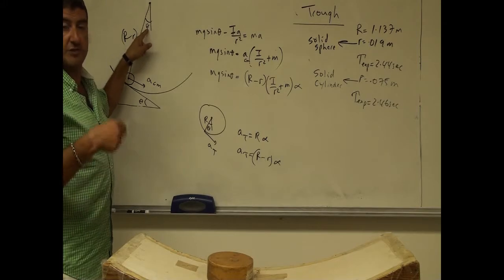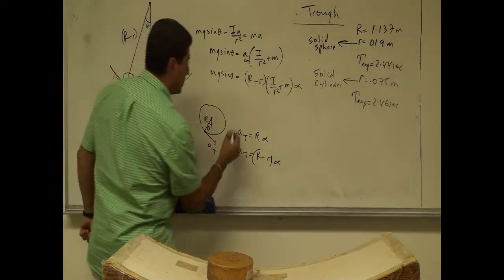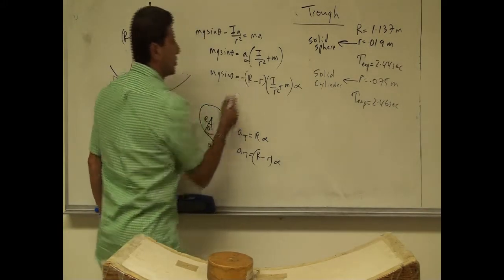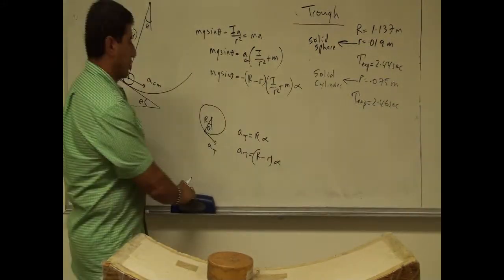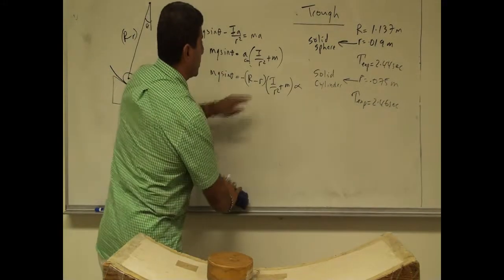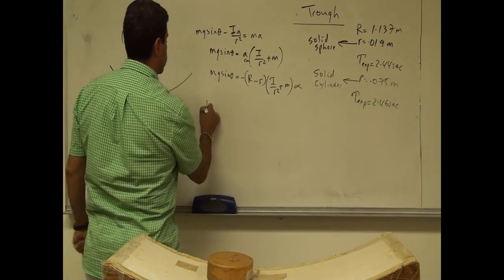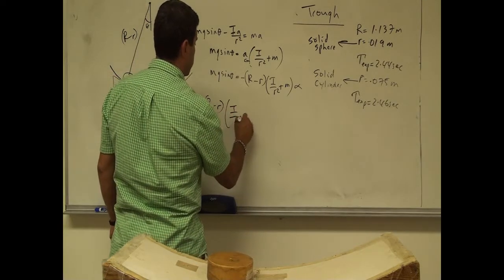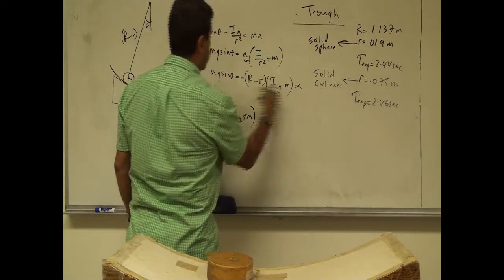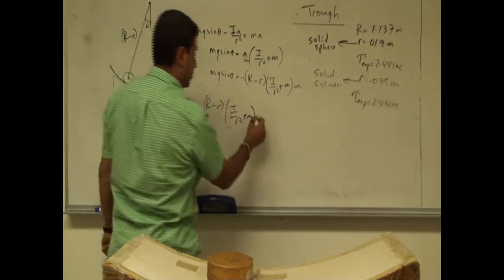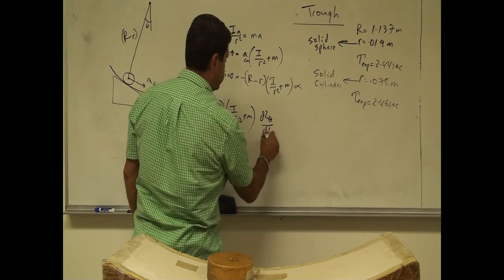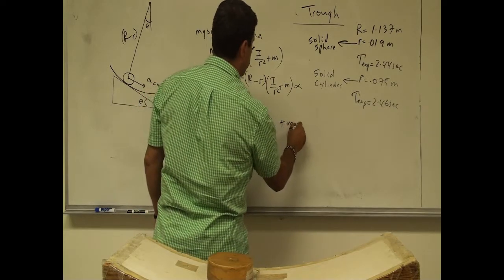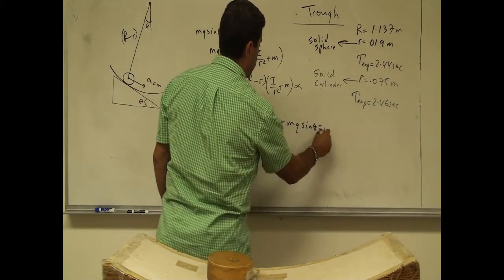So the rate of change of the angle will be negative. So I should put here a negative sign, just to be a little bit more specific. So then I can bring everything over to this left side. I can say (R minus r), (I over r squared plus m), times the second derivative of theta, plus mg sine of theta.